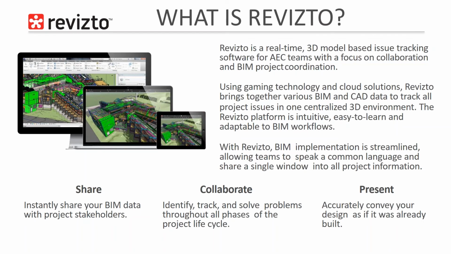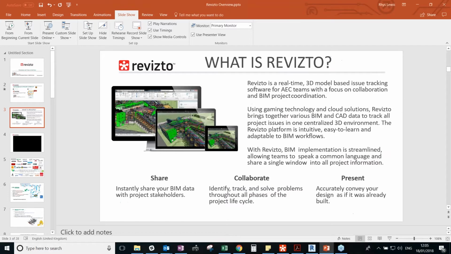A quick reminder as to what Revizto is. If anyone is completely new, Revizto, broadly speaking, is a coordination and collaboration platform. Our focus is on collaborative issue management and about putting a user-friendly platform into the hands of everybody on the project.